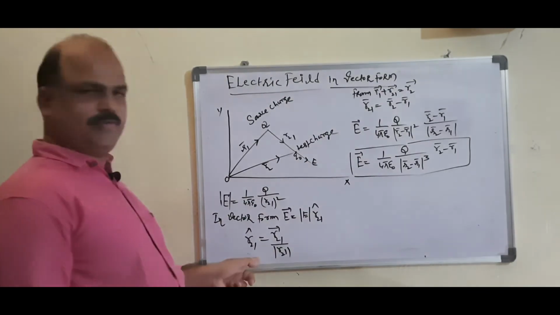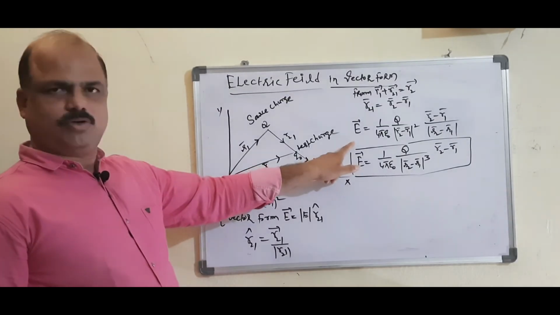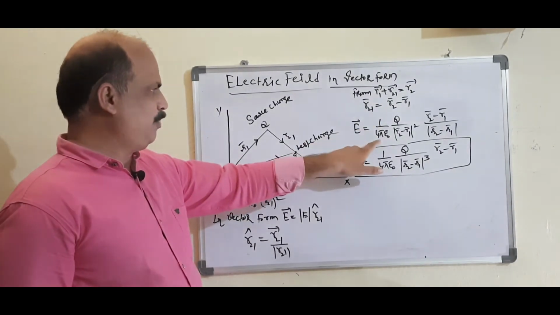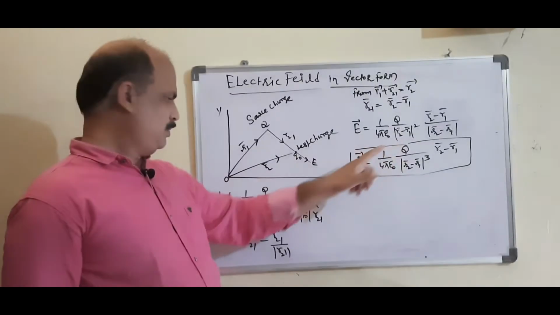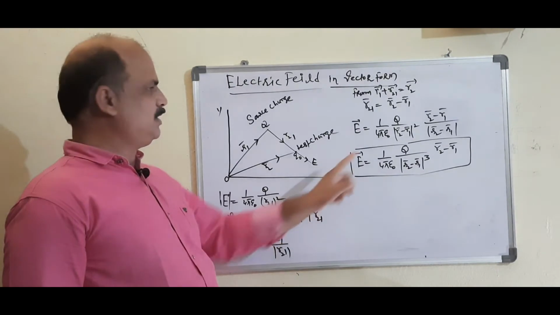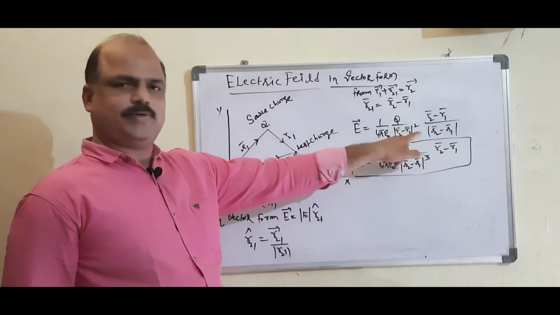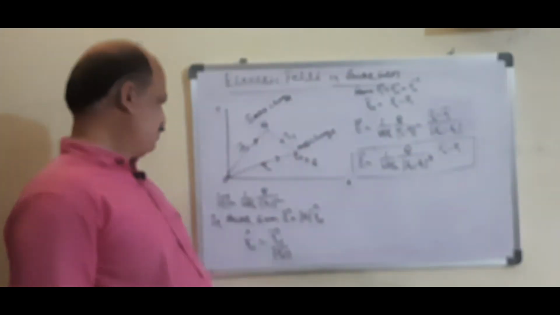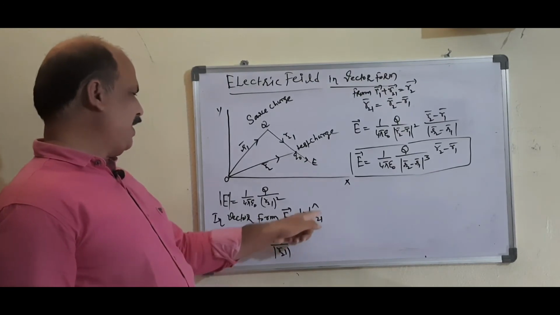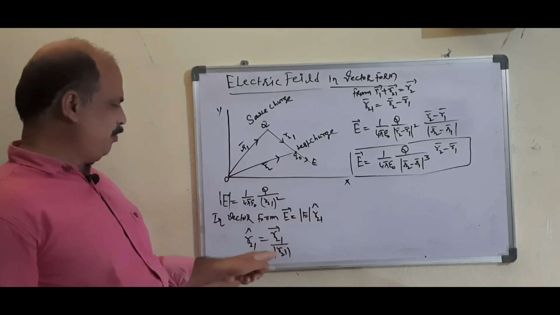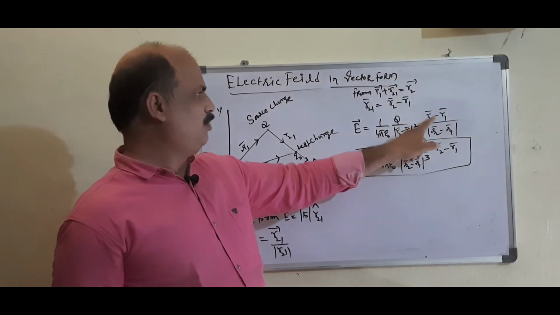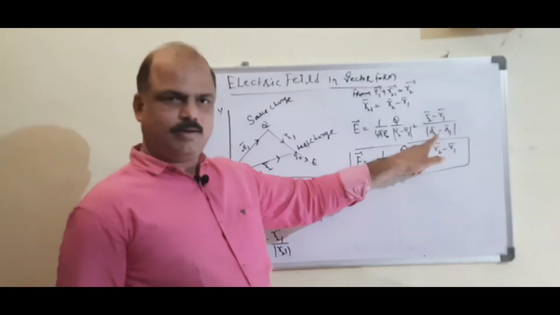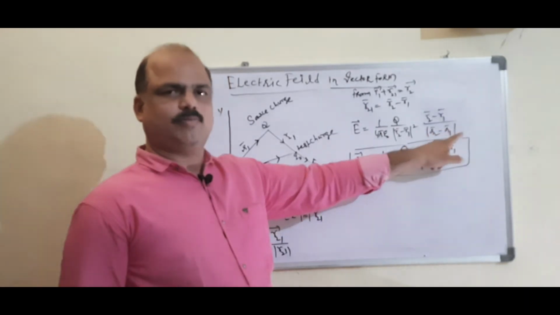Substitute this value in this equation. So E bar is equal to 1 by 4 pi epsilon naught q by, here R21 square, that means R2 bar minus R1 bar whole square, into R21 cap, which is equal to, what do we write here? R21 bar by mod R21. That means R21 cap is equal to R2 bar minus R1 bar divided by mod R2 bar minus R1 bar.